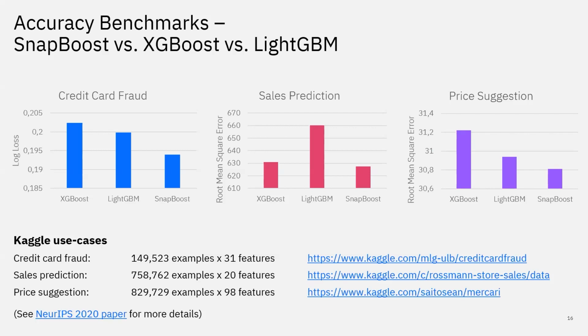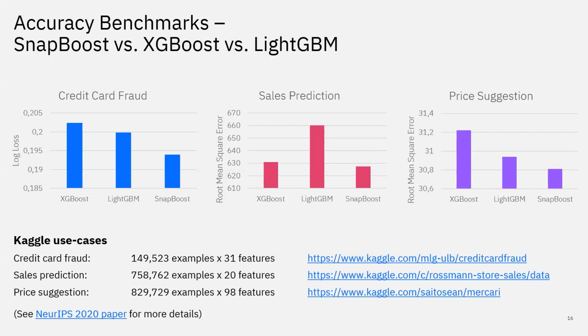So in this case, the 3 use cases we looked at were credit card fraud detection, then a retail data set where the goal is to predict the sales volume of different stores, and another is Mercari price suggestion, where you want to predict the optimal price for different products based on characteristics and customer preferences and so on.